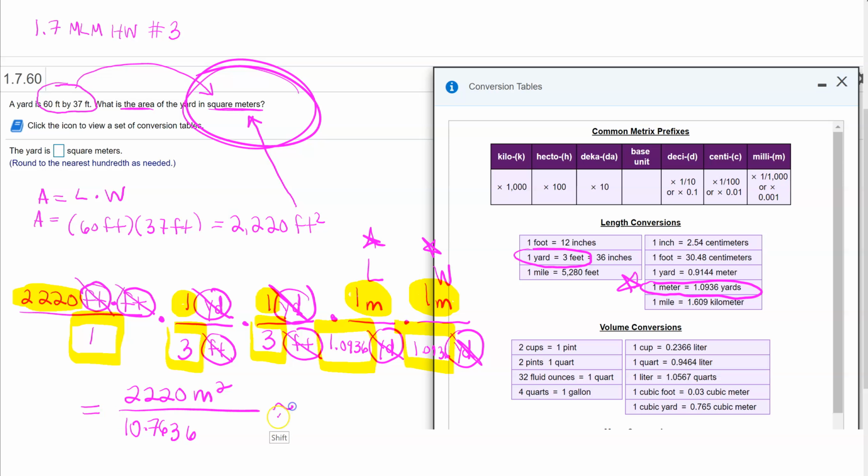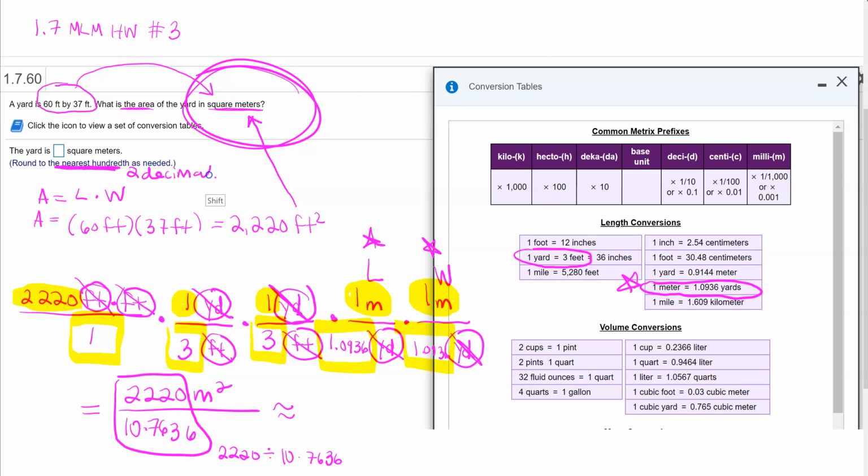Now to get my answer, I'm going to divide the top number by the bottom number. So in my calculator, I'll type 2,220 divided by 10.7636, and I'm using my curly equal sign because this is just an estimate since I'll have to round. It's telling me to round to the nearest 100th, that's two decimal places.